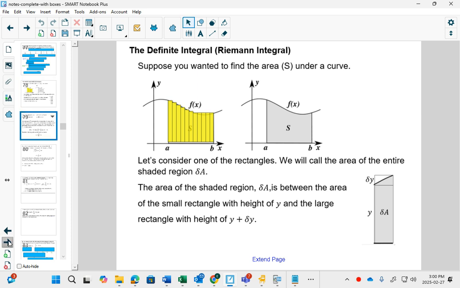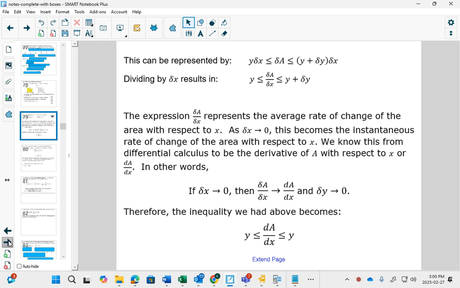Well, if we do some algebra with this, it would make sense that the area of the small rectangle is less than the actual area, which is less than the area of the big rectangle. We create an inequality. Since dx is some little number, we divide everything by dx and get this expression. In the middle, the change in area and change in x are two things that change as you make things smaller, and it starts to look like a derivative.